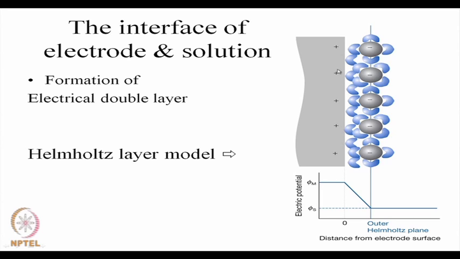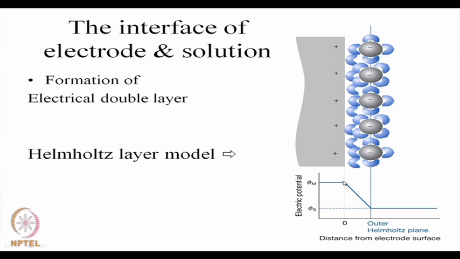And as a result some electrical potential difference is created. It has a positive potential on one side and a negative potential on the other. So if this is the potential for the metal, say phi m, and this side is the solution side, then you may expect something like this. This is your metal, then just at the interface, where the metal stops, there is nothing beyond this point.